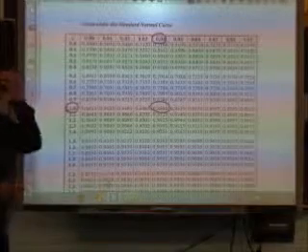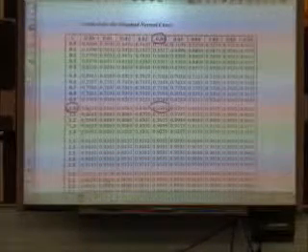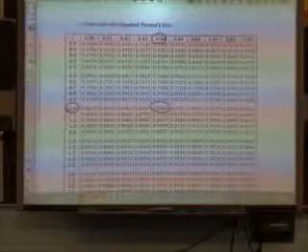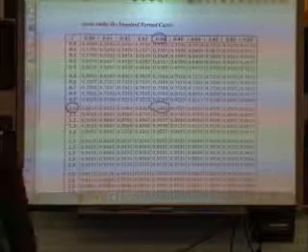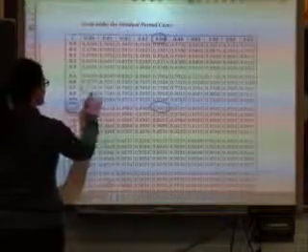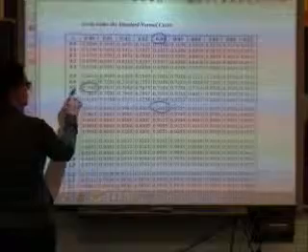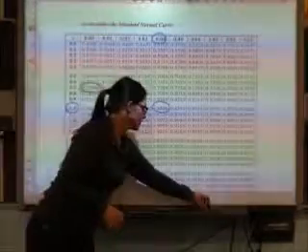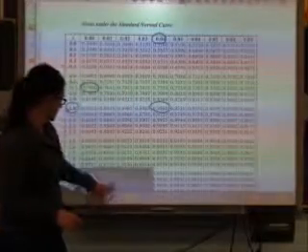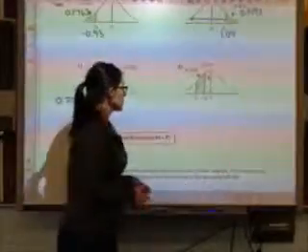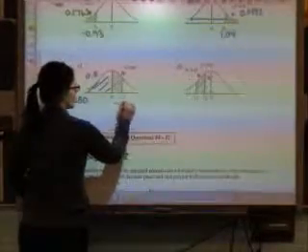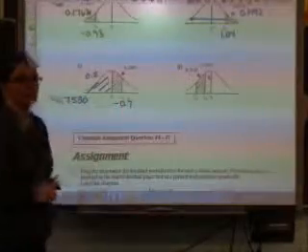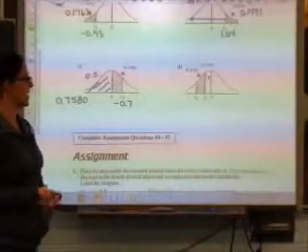Take a moment, see if you can find it. Zero decimal 7 0. So this Z-score becomes 0.7 or 7/10.